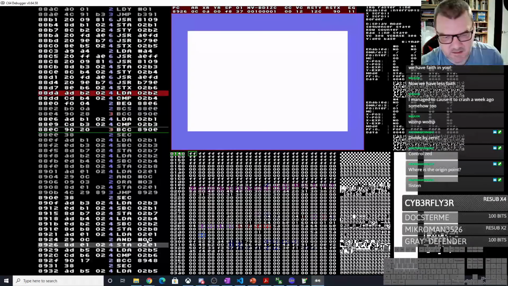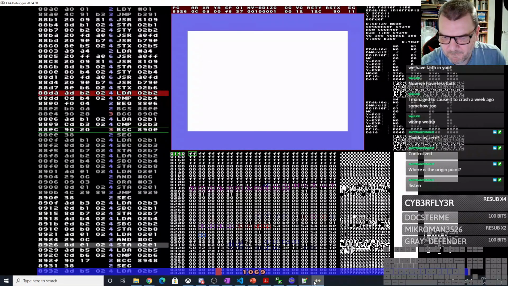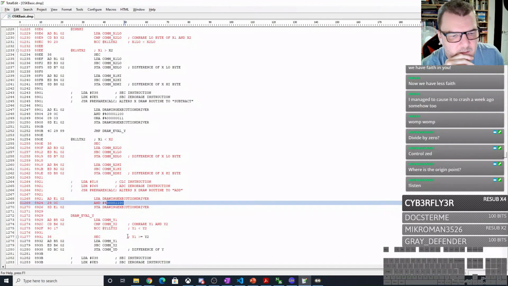So it's saying that both of them, that's not right. That's where we're going wrong. It's saying that both of them are additions. Oh, subtractions.